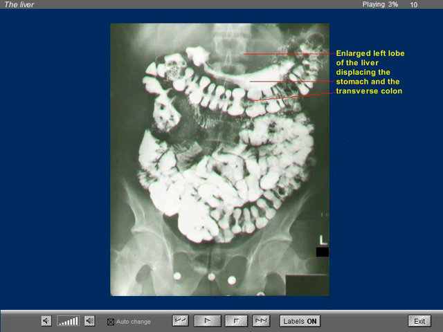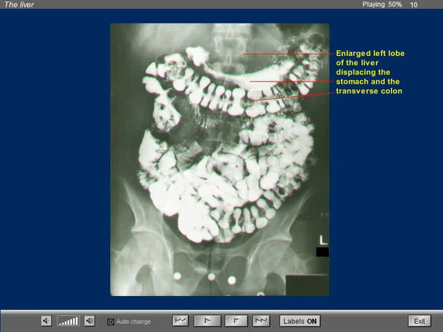This radiograph shows barium in the stomach, small bowel, and large bowel. Because the left lobe of the liver has no fat outlining its inferior portion, nor above it, because we see the heart above the left lobe of the liver, it is not possible to note the boundaries of the left lobe on plain radiograph.